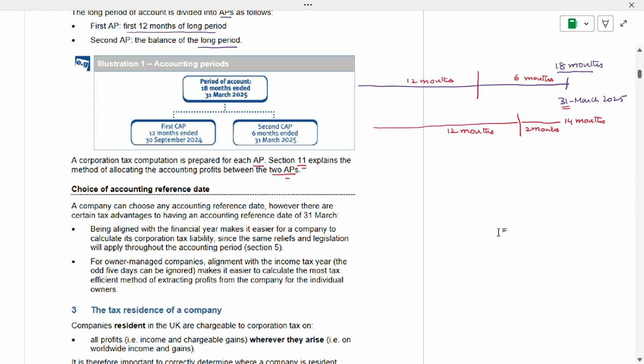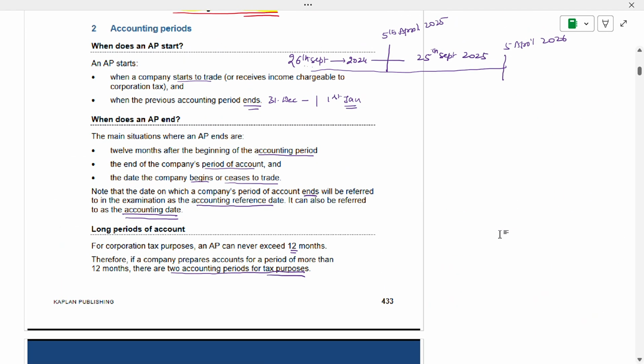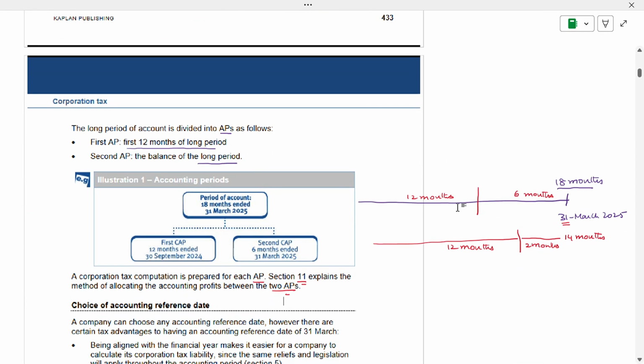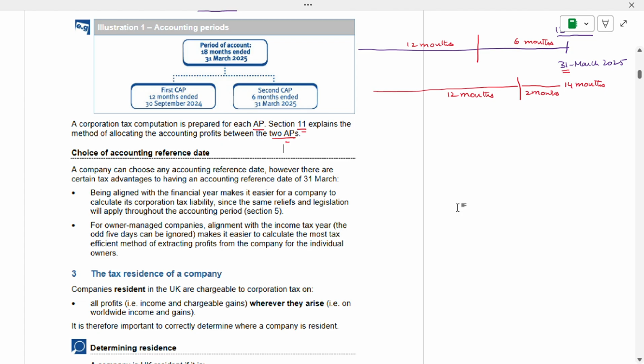Reference date is nothing but when the accounting period is going to end. Note the date where the company's period of accounting ends will be referred to in the examination as the accounting reference date.